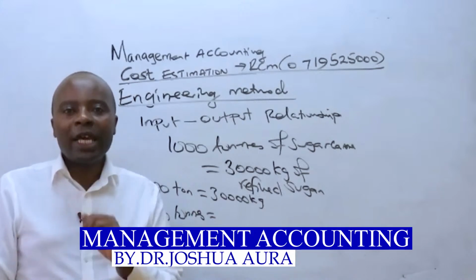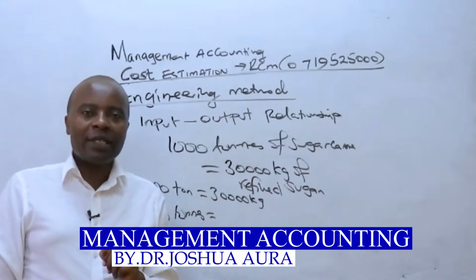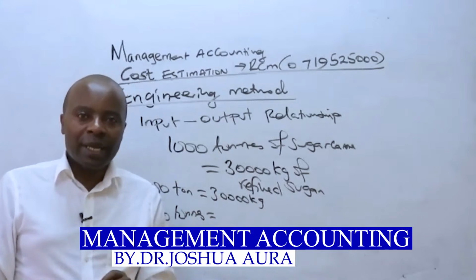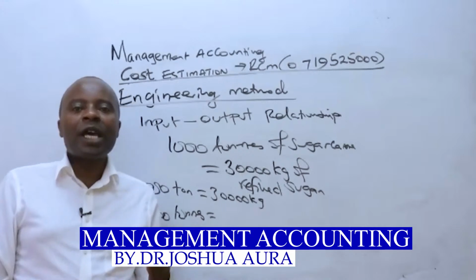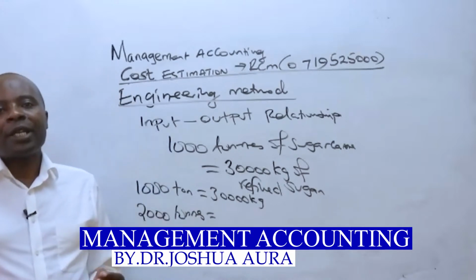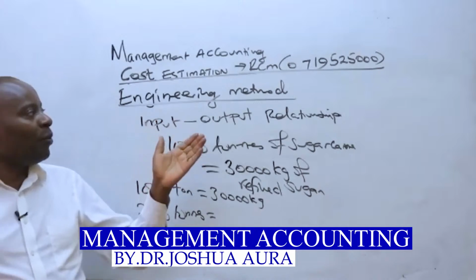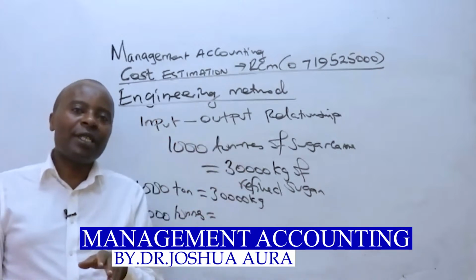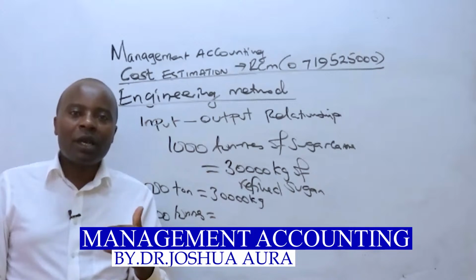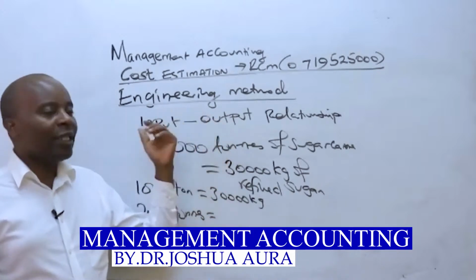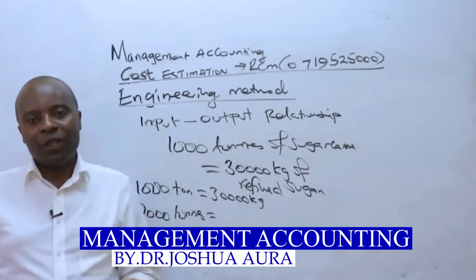And number two, tell us, ladies and gentlemen, that it is used in situations where input-output relationships are in existence. I gave you a very good example of Mumias Sugar; it becomes a good example of farms and producing organizations which can easily use the engineering method.